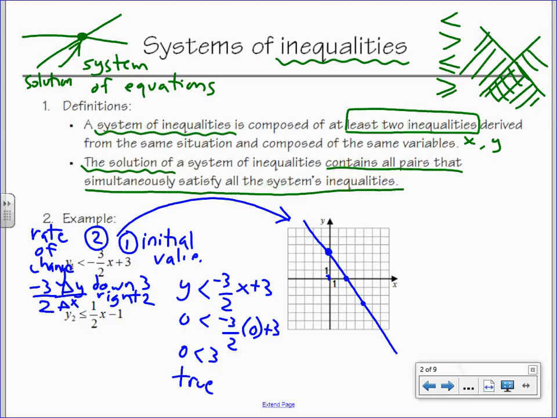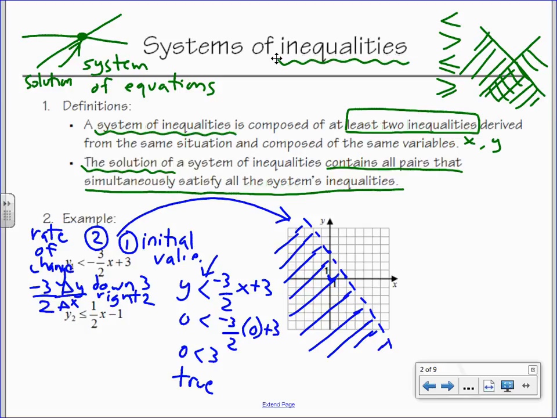Yes, so that means 0, 0 has to be in my region. Now, the only problem I see is that my sign here is smaller than, it's not equal to. So I made a mistake earlier when I graphed my line because it cannot be a full line. Okay, this is my line. It has to be a dotted line because it's not equal to. Okay, so you're good with this. This is my first inequality.